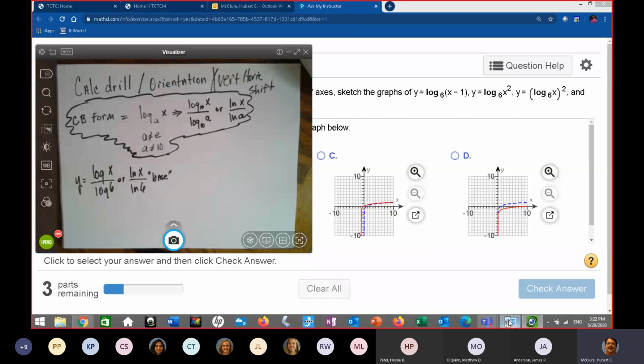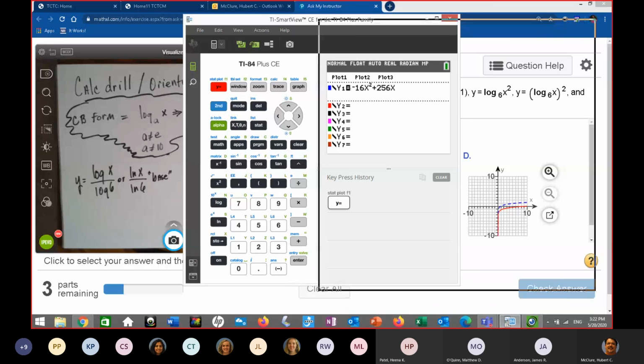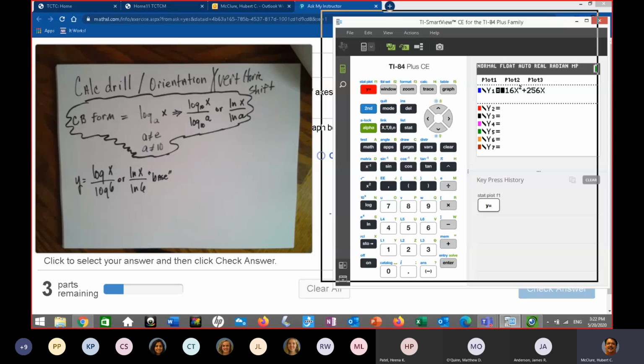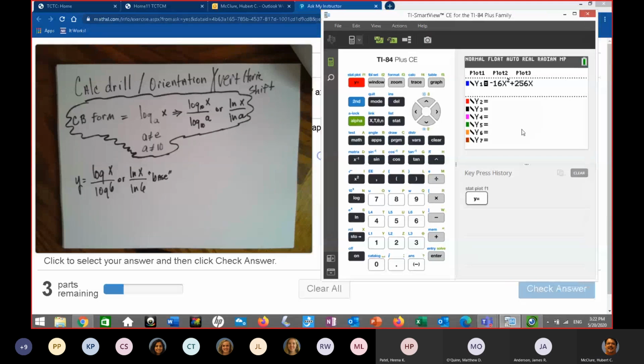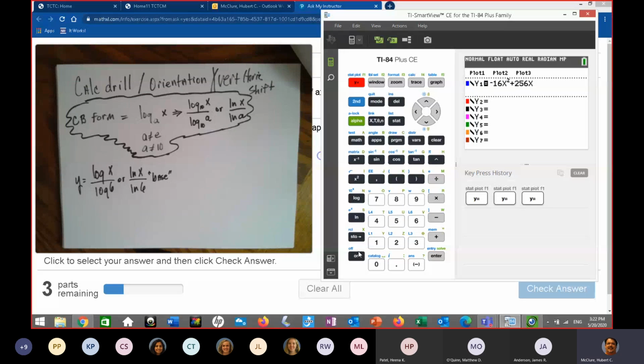Now, could this be a test question? Yes, it could be a test question, because any test question that has vertical and horizontal shifts on it, I will ask on a test, okay? Y is equal to, and I'm just going to do log, I need to put a parenthesis.